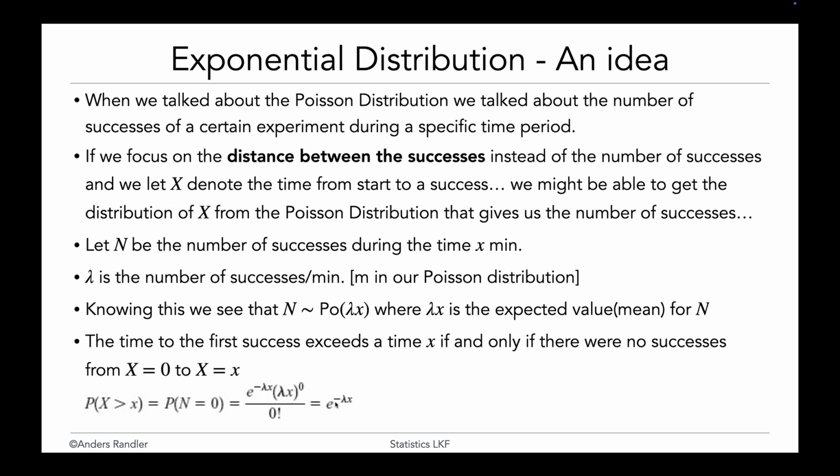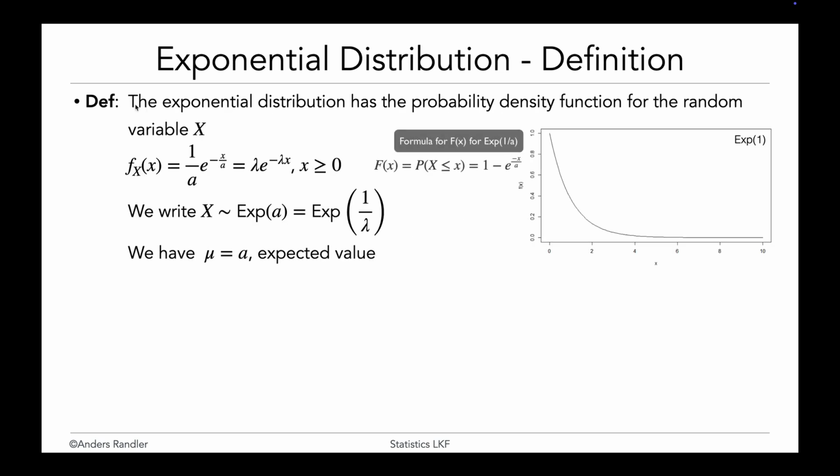Well, using the Poisson distribution with only n equals 0 gives us this case. And if we evaluate this, it gives us something that is a bit similar to what we had when we talked about the Poisson distribution, but still a bit different. And this is actually the basis for the exponential distribution. And this is the formal definition.